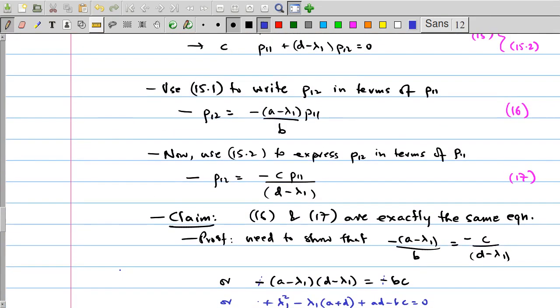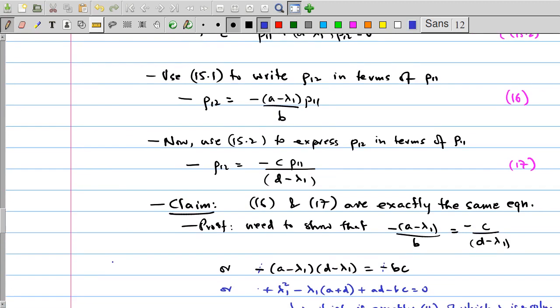So this is telling us that if you do this one or that one, it's the same thing. Okay, and it can help assuage some lingering discomfort with what we are about to do next, which is to say that the best information that we can get is that P11 and P12 are related, but by either this or that, it's going to be the same thing.